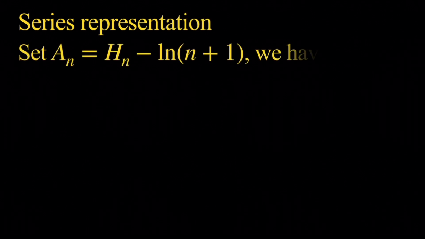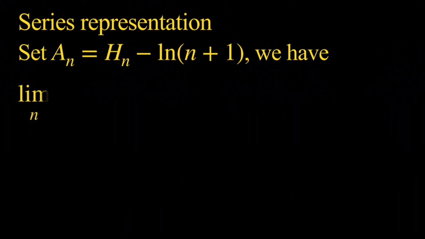In order to do that, we're going to introduce another sequence. We're going to consider the sequence a_n, which is a slight modification of the sequence u_n. Instead of natural log of n, we now have natural log of n plus 1. The first thing we want to check here is that a_n and u_n have the same limit.